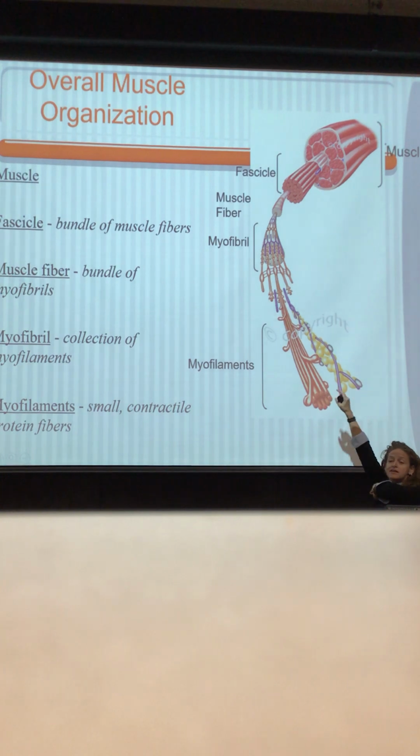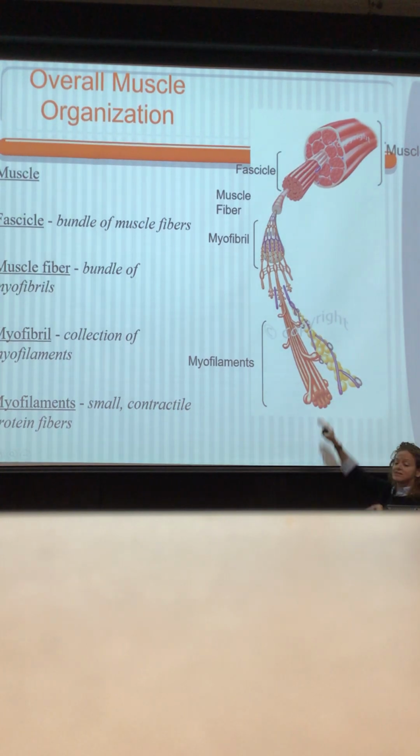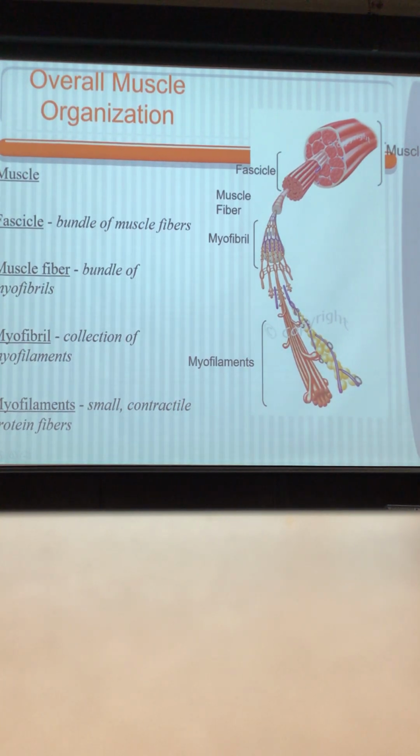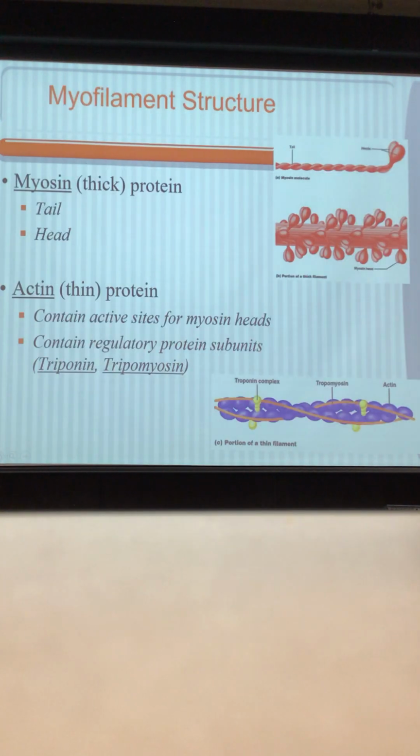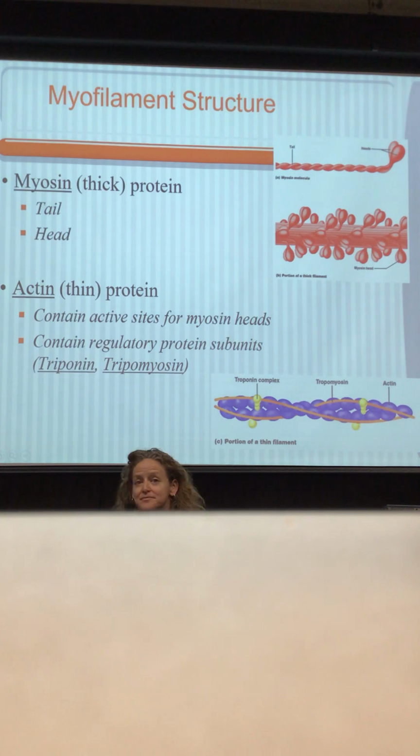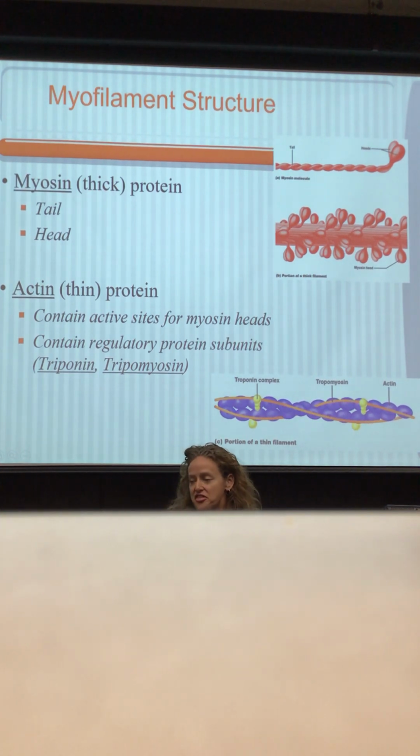So the slide I'm about to show you is showing these same things. Actin is the thinner one. I remember that because actors are supposed to be skinny or thin. Actin is the thin one. Myosin is the thicker one.